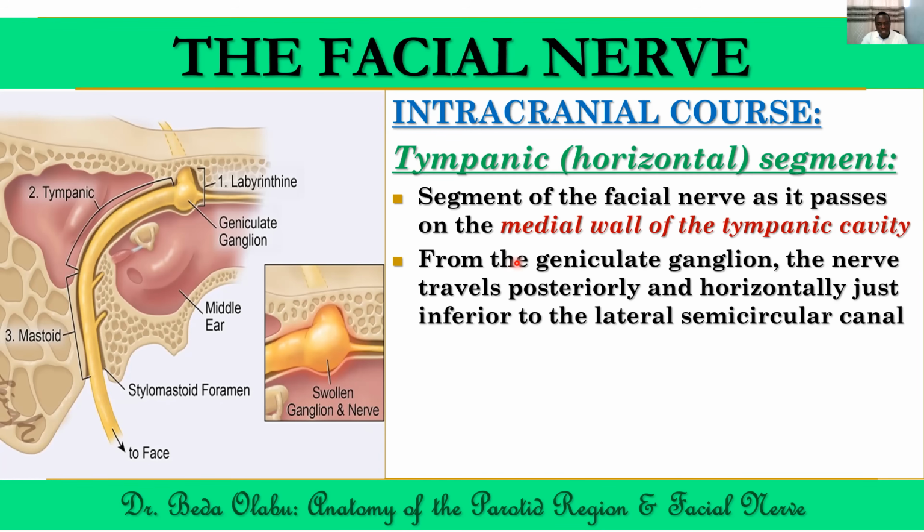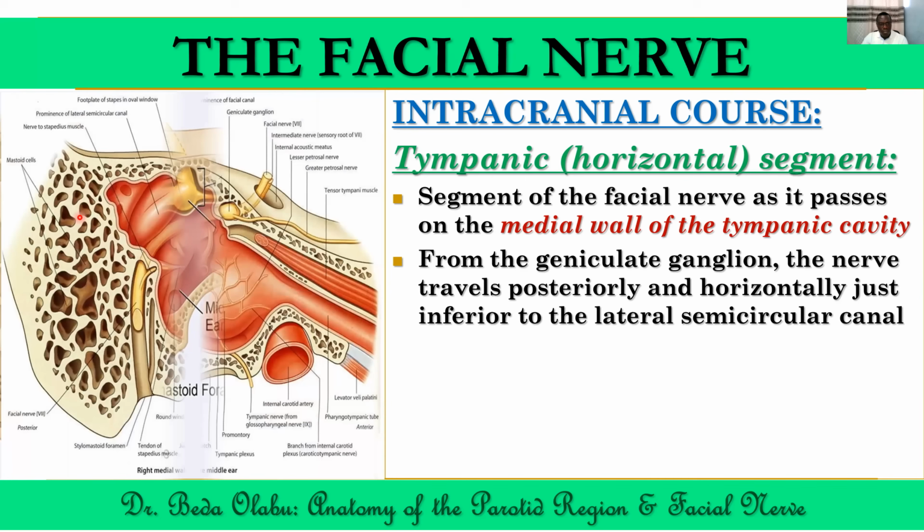So it's a segment from the geniculate ganglion, basically, but the nerve runs posteriorly and horizontally, usually just below the impression of the lateral semicircular canal, which is that one. So this is the segment we're talking about, the tympanic part. It's on the medial wall of the tympanic cavity.